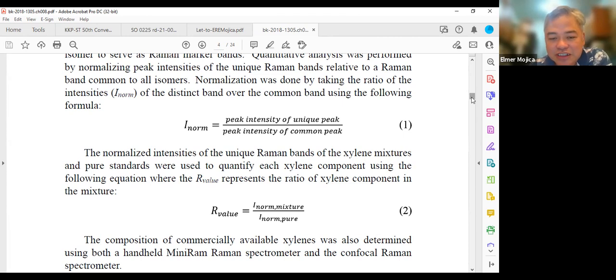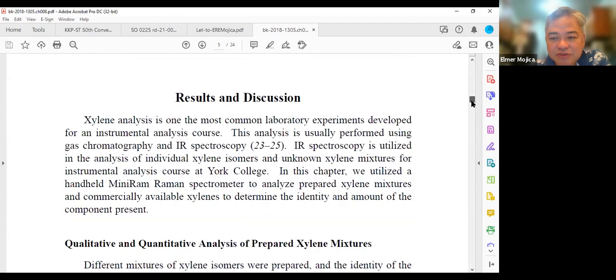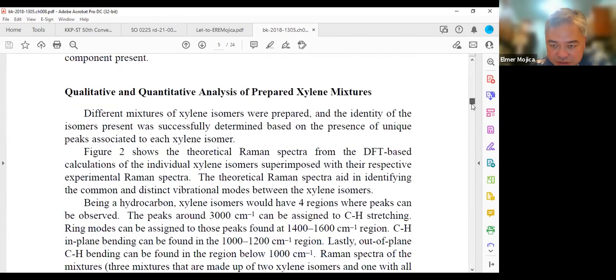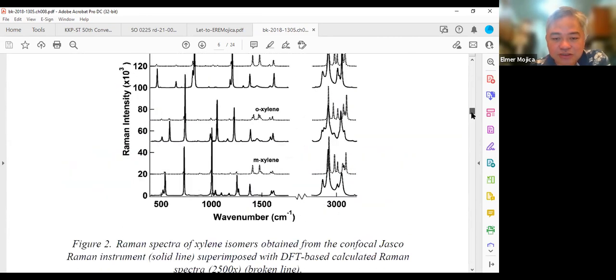And we get the R value, wherein we compare the intensity from the normalization of this mixture over the intensity of the normalized pure xylene. So the way that it looks like is this one.